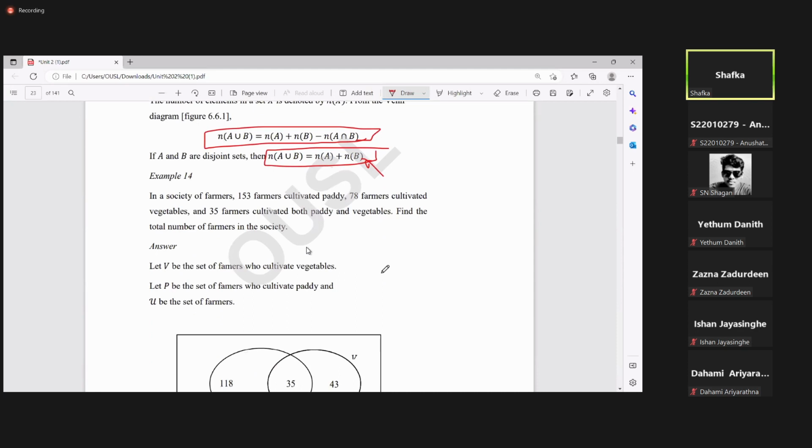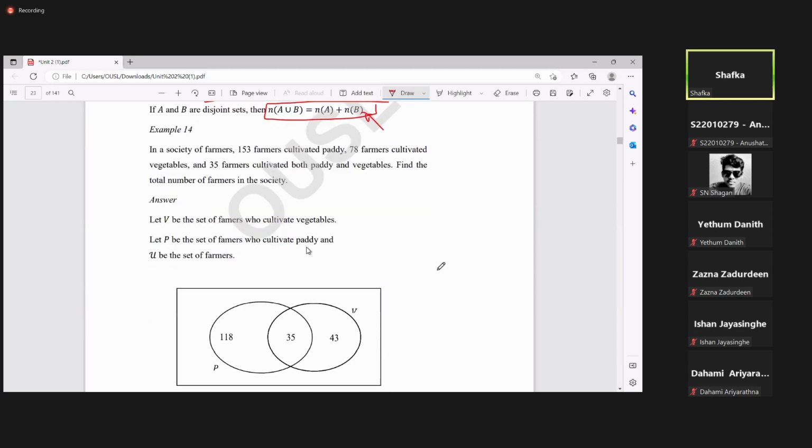Okay. So here consider this example. In a society of farmers, 153 farmers cultivated paddy, 78 farmers cultivated vegetables, and 35 farmers cultivated both paddy and vegetables. Find the total number of farmers in the society. Can you understand this question?